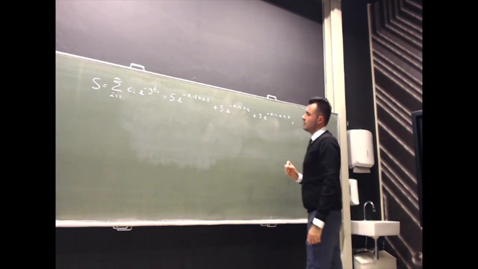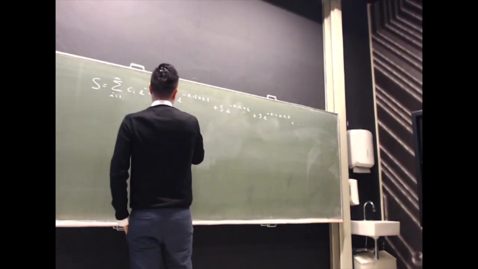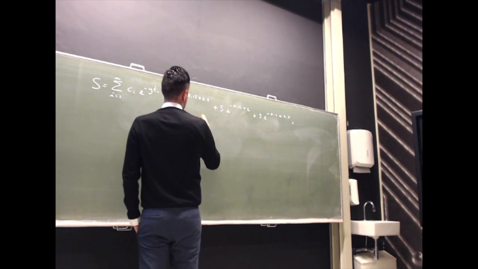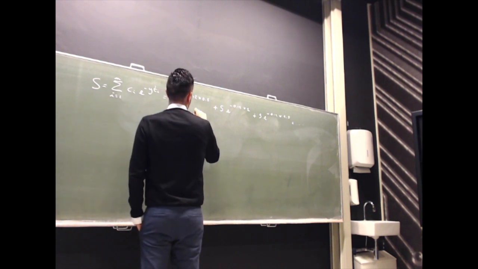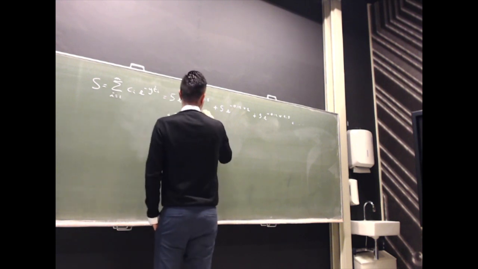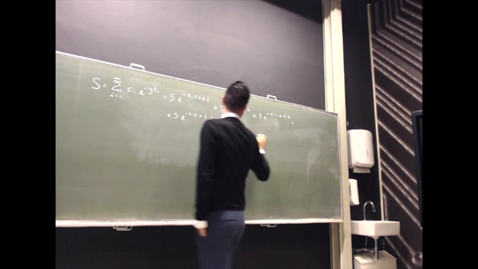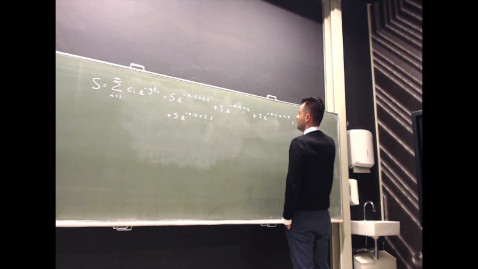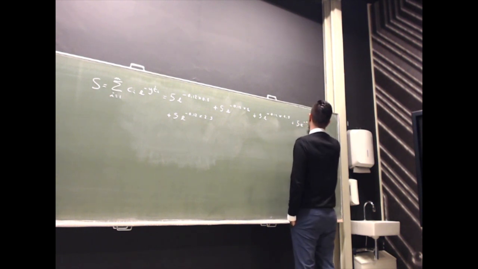plus, I go on, I reach e to the minus 0.12 times 2.5. Obviously, here I will have also the other terms, I can write them there. I mean, it's not a big advantage. I'm lazy, but not at this point.